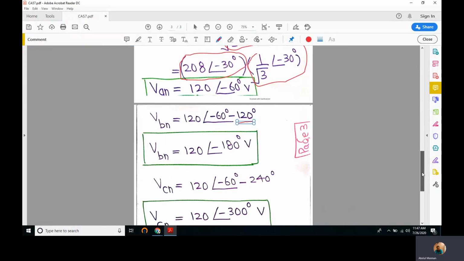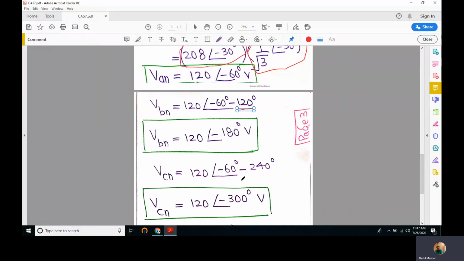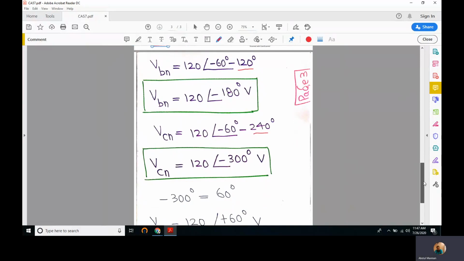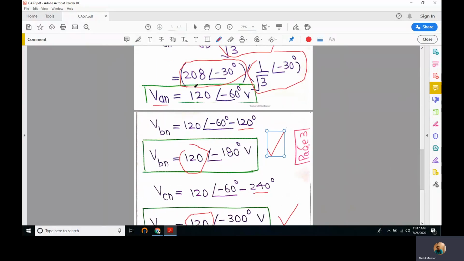And similarly, VCN is 240 degrees lagging VAN. We studied in last lecture. So in this way, we can represent VBN and VCN. And of course, all of these phase voltages have the same magnitude VP.